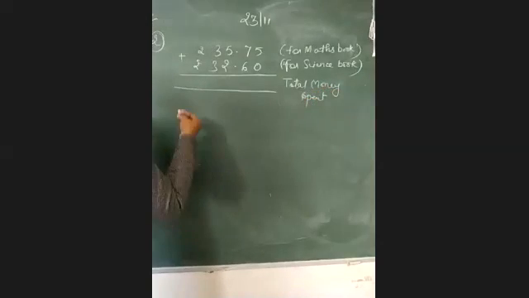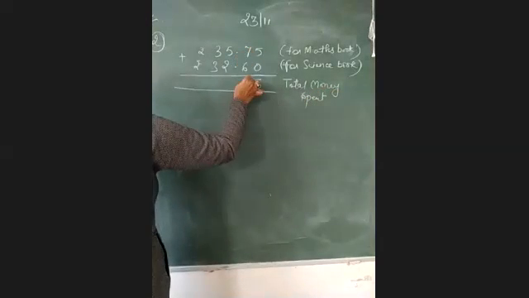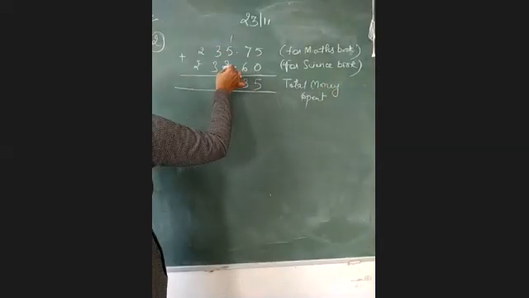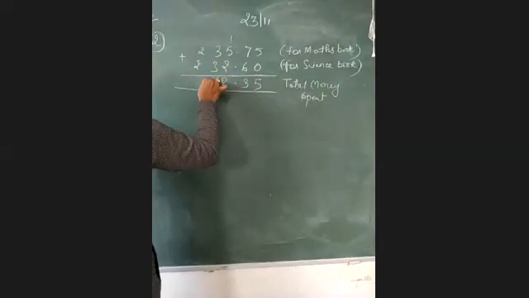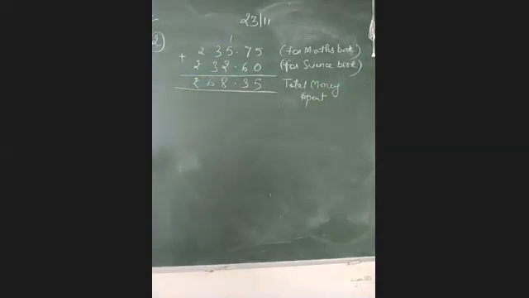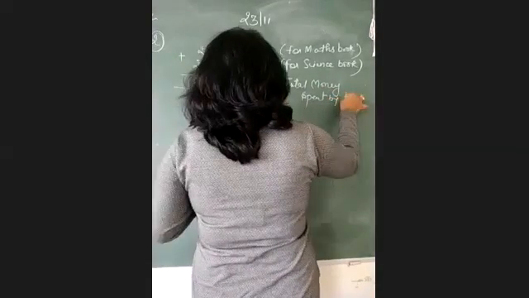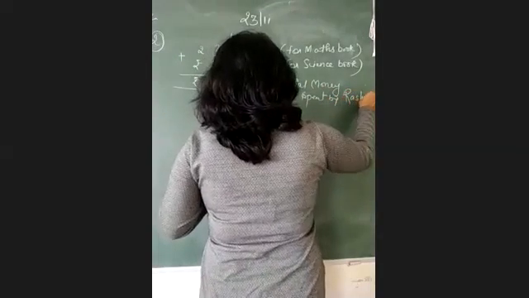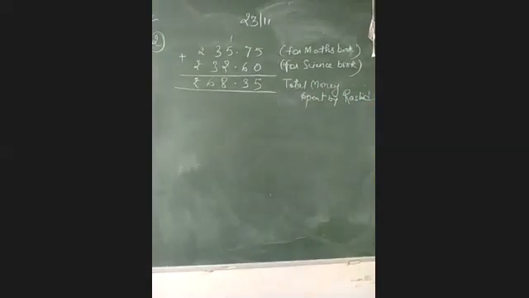Now you just need to add it. It will be 5, 6, 6, 12, 1, 13, carry 1, 5, 2, 7, 1, 8, 3, 3, 6. 68.35 was the total money spent by Rashid. Okay, we will write here total money spent by Rashid. Finished? Okay. This is just question number 2.